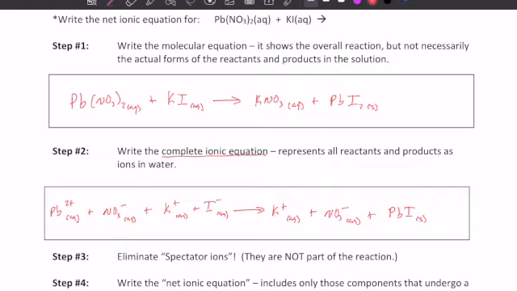This is the way we're going to write this: lead 2 is aqueous at the beginning, nitrate is aqueous at the beginning, potassium is aqueous at the beginning, iodide is aqueous at the beginning. But then afterwards, we have potassium ions and nitrate ions that are aqueous, but the lead 2 iodide is a solid.